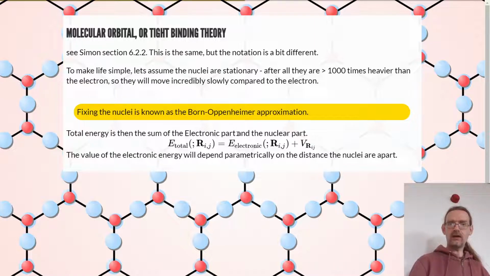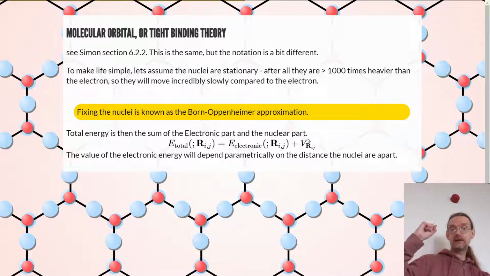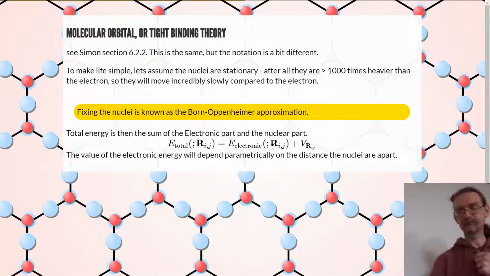One thing I will probably skip over a little bit for now, but I will come back and try to emphasize another time, is that what we're worrying about now is the electrons. We're going to assume that the atom cores are at some particular distance, which I'll call R_ij, and there'll be some interaction between the atomic cores, but the bit we want to work out is what the energy of the electrons is when those cores are at that position.